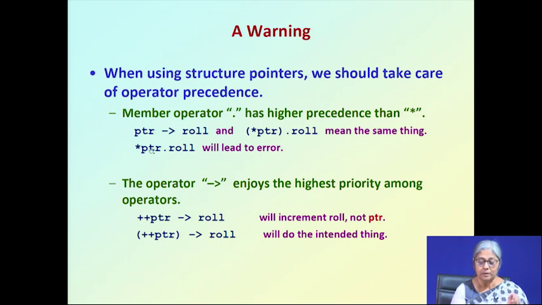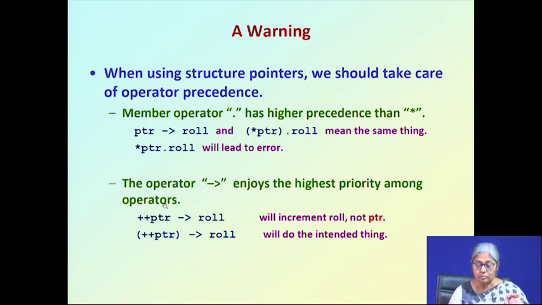If I now give star PTR dot role, it thinks that PTR dot role is a pointer type, but that has no meaning, because I have not declared any pointer like that. So, it is wrong.